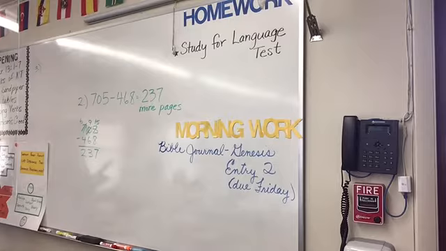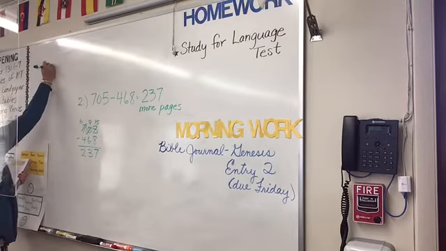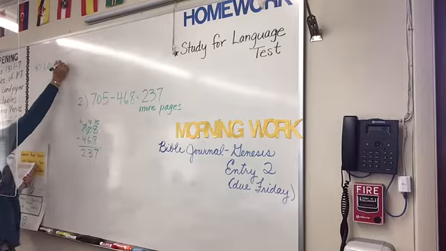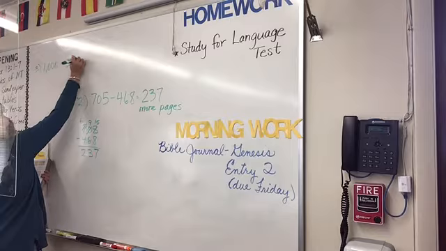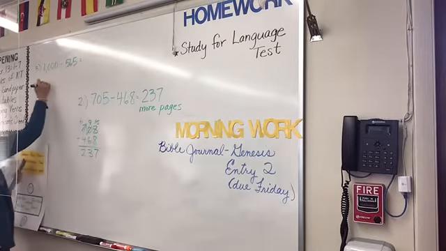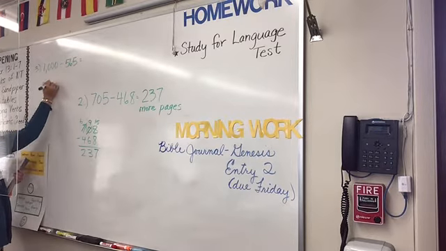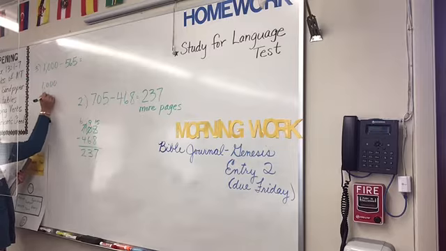Okay, so we've got basically our total minus a part, and we need to find out the other part, right? So, what's the total? 1,000. And what's the part that we have? 565, and then we need to find our other part. So, subtract 1,000 minus 565.